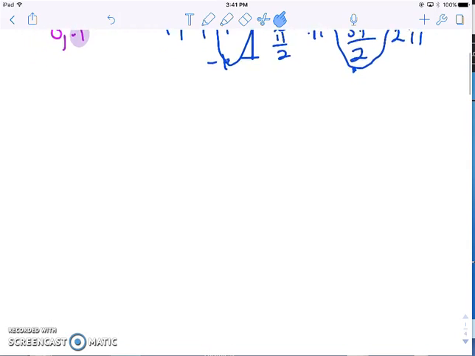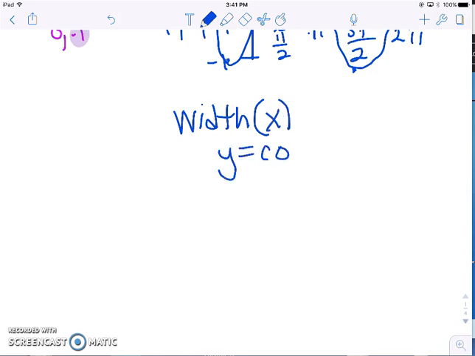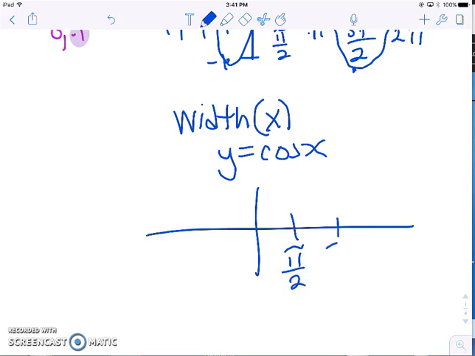Then we started to take a look at what the width would look like if we were to measure the x part. So we said that's y equals the cosine of x. If we were to graph this again, we have those critical points at pi over 2, pi, 3 pi over 2, and 2 pi.